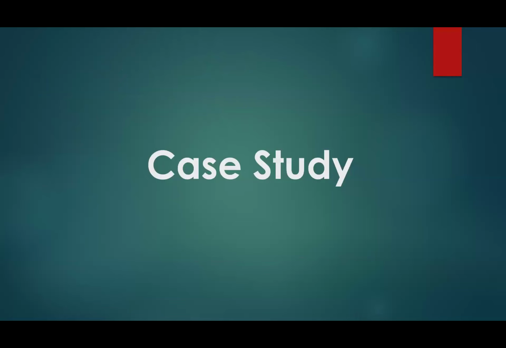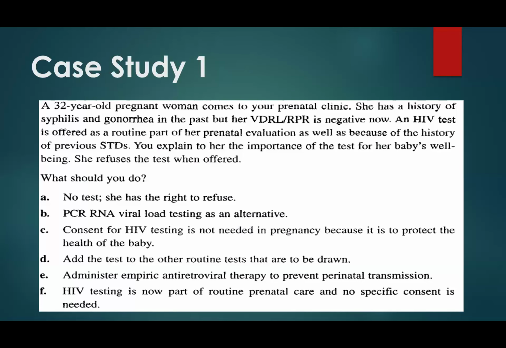Here is a case study. A 32-year-old pregnant woman comes to your perinatal clinic. She has a history of syphilis and gonorrhea in the past, but her VDRL is negative now.